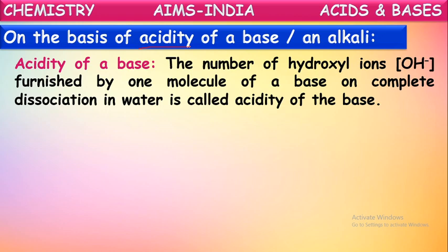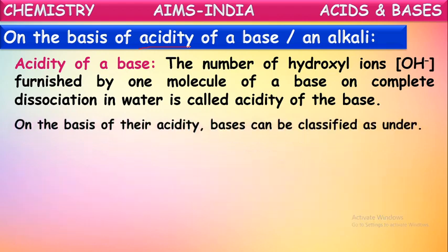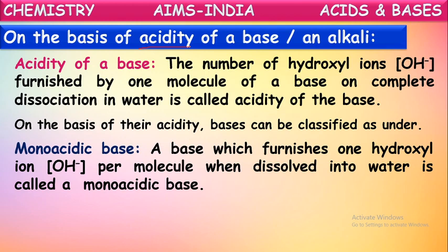Yes, the number of hydroxyl ions or OH minus ions furnished by one molecule of a base on complete dissociation in water is called the acidity of the base. So based upon this acidity, bases are classified into more than two types, not two, there are more types.